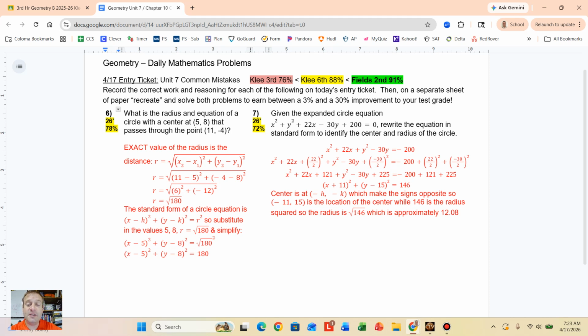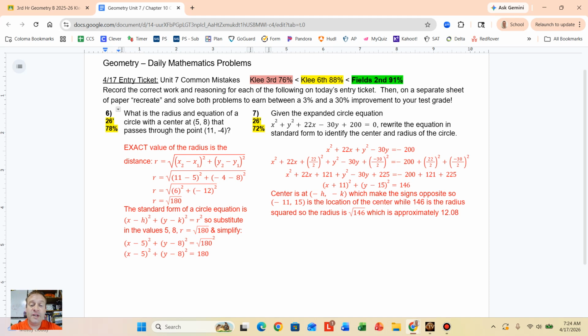And now the second part of completing the square: that 22 divided by 2 that we talked about is our last line of work there, plus 11. The negative 30 divided by 2 is negative 15. Ultimately, if you do (x + 11) squared and you expand that, you get back to the step above it. If you did that with (y - 15) squared, you get back to y squared minus 30y plus 225 above it.